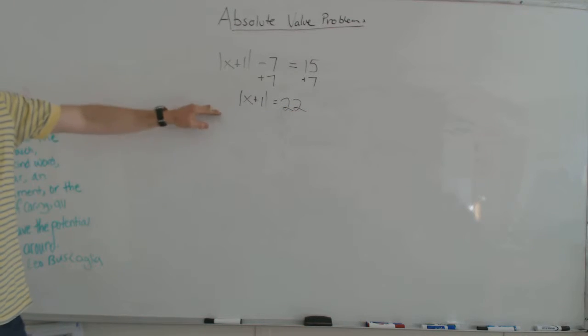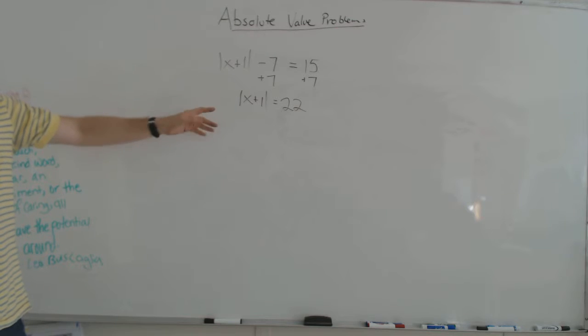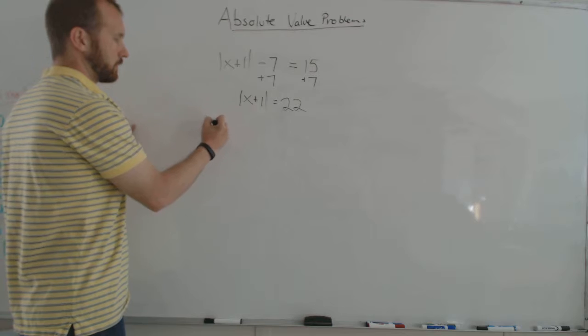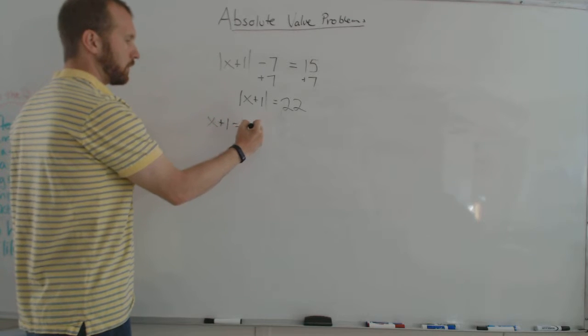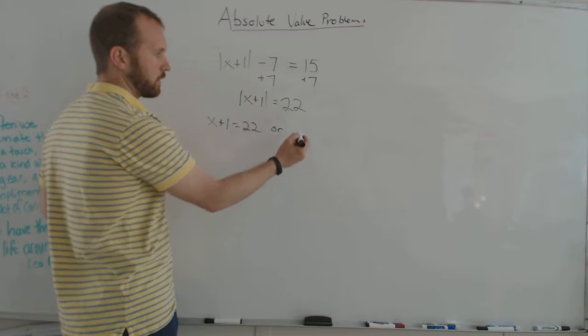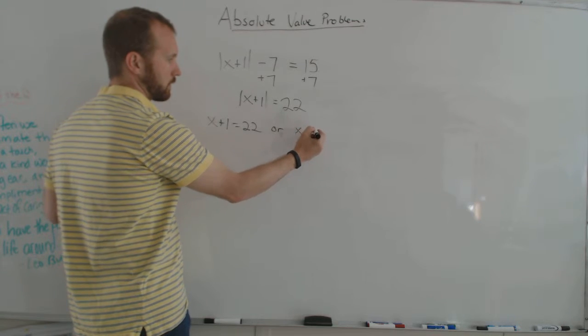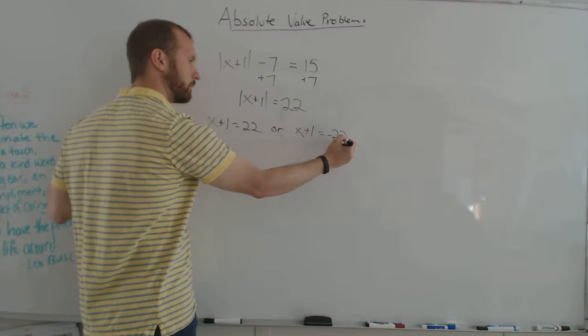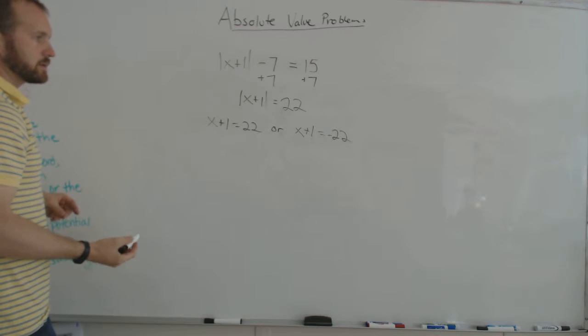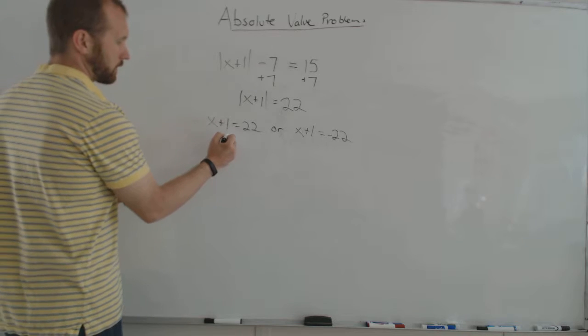Now I can go back to that other step that we just learned. So what do I do? What's my next step? X plus 1 equals 14. Uh-huh. Or x plus 1 equals negative 22. Very good. All right. How do I solve that? Subtract 1.